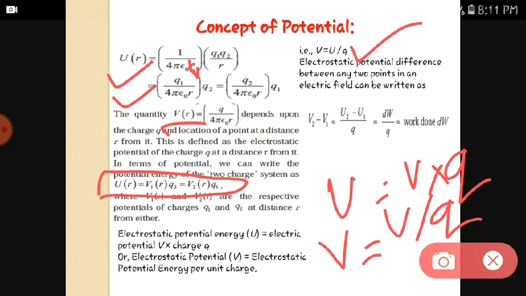So the electric potential difference between 2 points in an electric field can be written as V2 minus V1 equals U2 minus U1 divided by Q. But the change in potential energy is what? Work done. So this can be written as work done by Q. So this is all about potential, and about the potential energy and how it can be converted into work done.